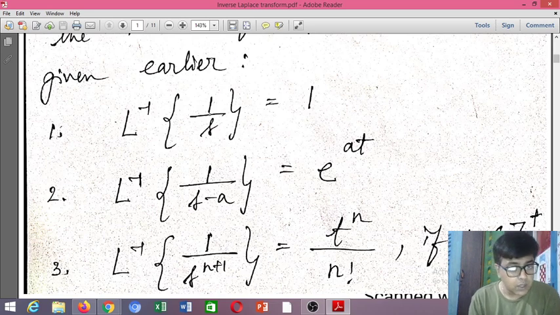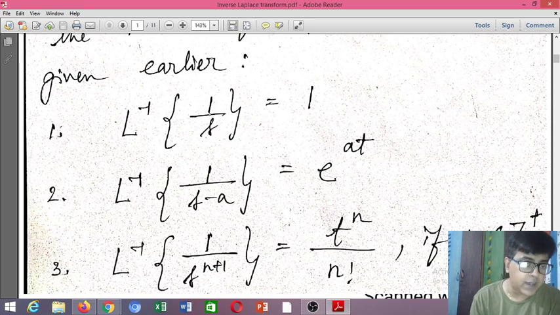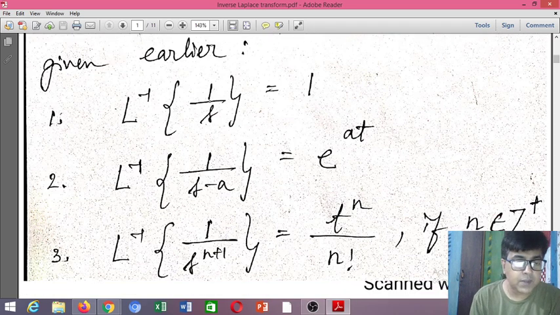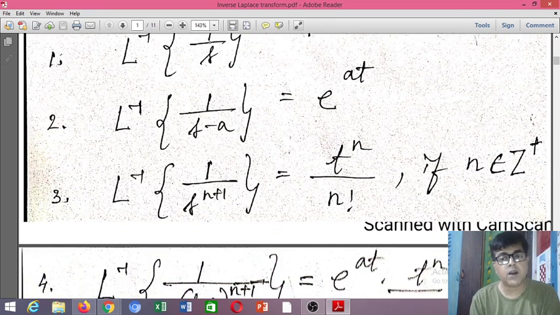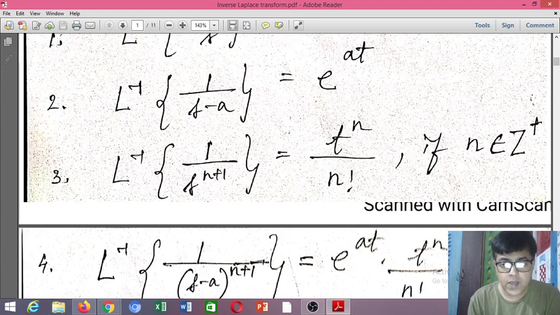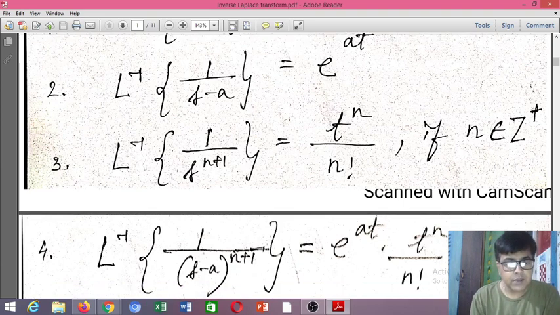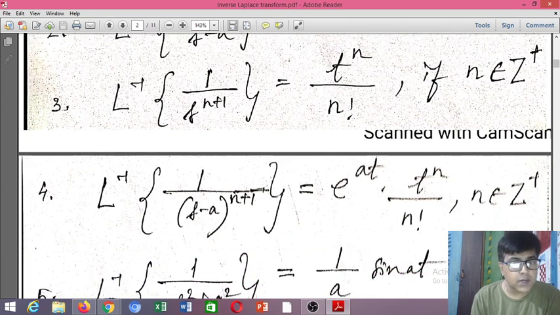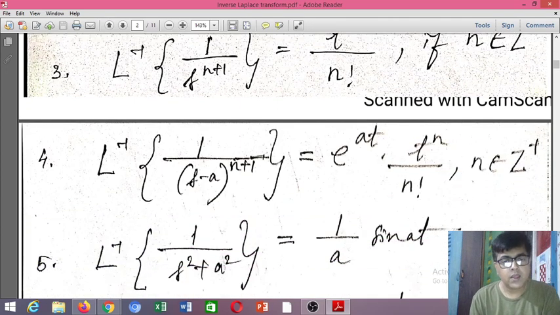Similarly, e to the power at is the inverse Laplace transform of 1 by s minus a. t to the power n by n factorial is the inverse Laplace transform of 1 by s to the power n plus 1, where we are assuming that n is a positive integer. Similarly, e to the power at into t to the power n by n factorial is the inverse Laplace transform of 1 by s minus a to the power n plus 1.